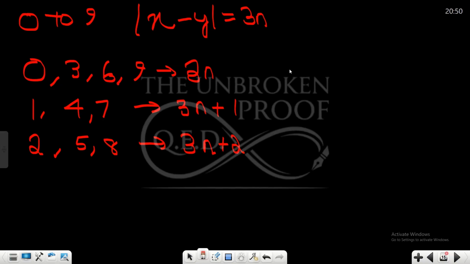So what we can conclude from here is that if I make a table of x and y, and you take x as 9, then you can take 0, 3, 6 and 9, and hence here you will get 4 cases, right?